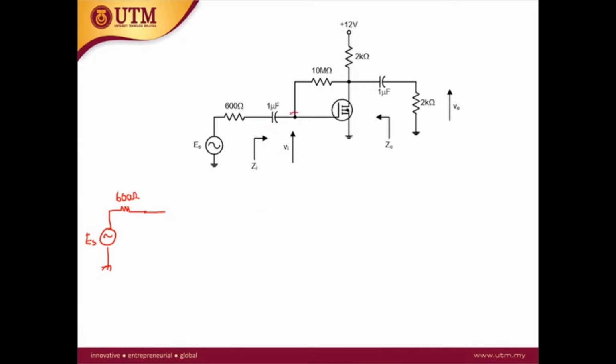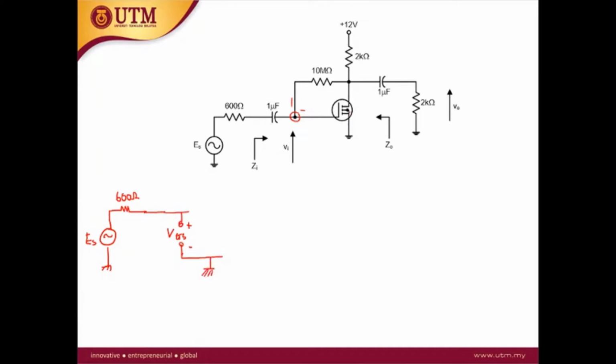So after this, here we have two ways or two junctions. So let's consider the gate first. At the gate and the source, we have an open circuit, and then the source is directly connected to the ground.